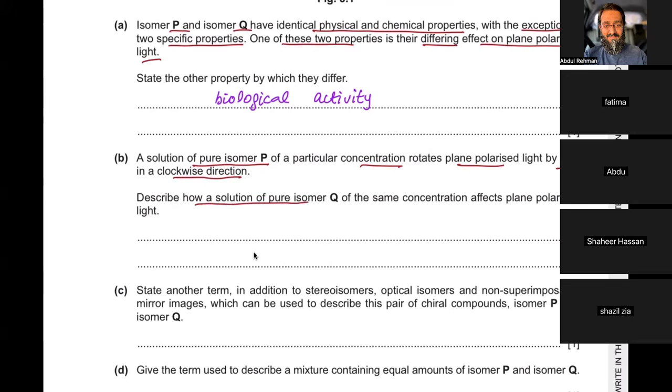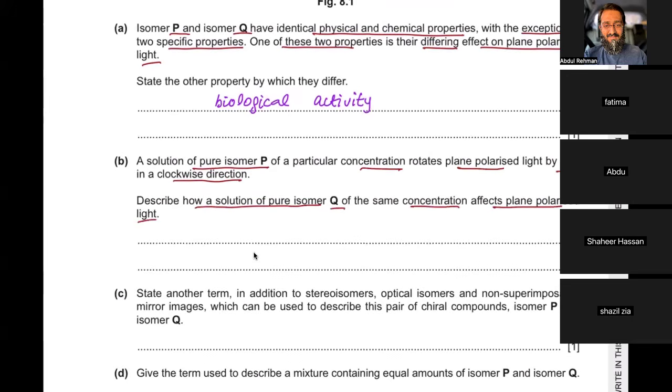Describe how a solution of pure isomer Q of the same concentration affects the plane polarized light. So it is going to rotate 5 degrees in an anticlockwise direction, because both the isomers have the same value but in the opposite direction. Is this clear?